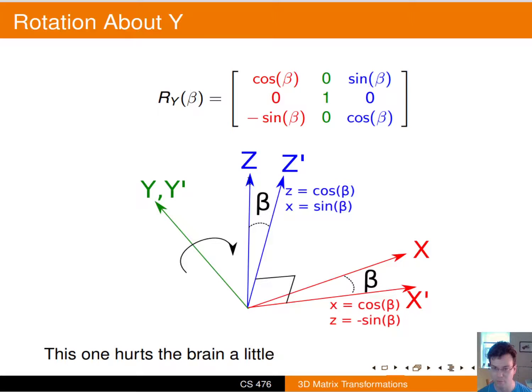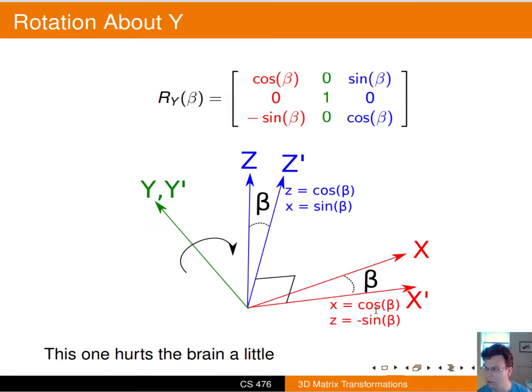And so what I see is I move z over here, so z gets the cosine of this angle, and x, positive x, gets the sine. And then the x, if it's moving in that direction, well, we say x gets cosine, but then z gets negative sine, because see, it's going against the z there as it rotates. Stays in the xz plane, so y is going to get 0, 1, 0.